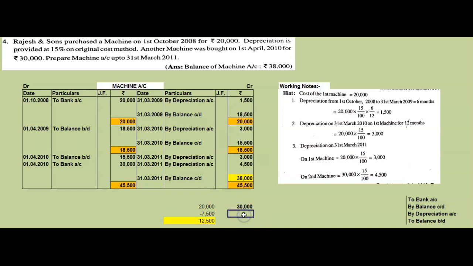For the second machine, the purchase value is 30,000, and we have subtracted 4,500 from that. 30,000 minus 4,500 is 25,500.